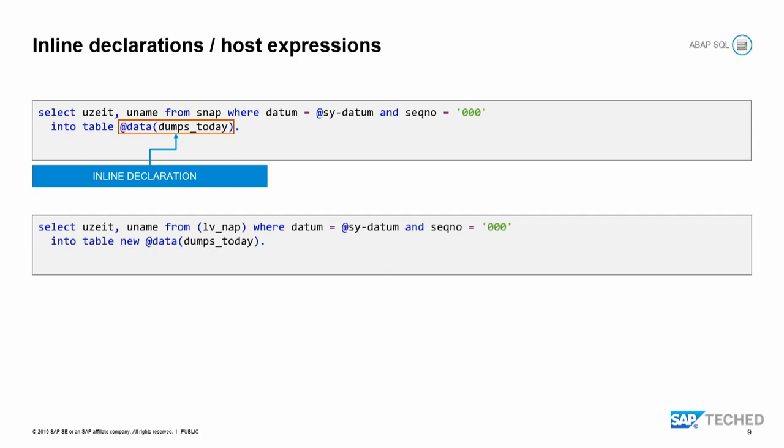There is another variation that we can use, the NEW statement. We have the same SQL, but here we have NEW DATA, dumps_today. So again, the same variable, called dumps_today, and here we are defining the same type. However, it's a reference type.